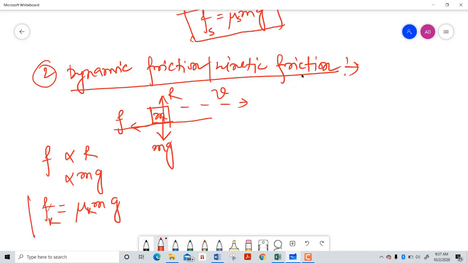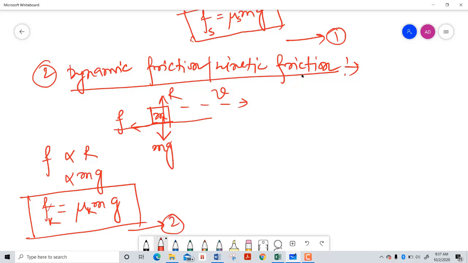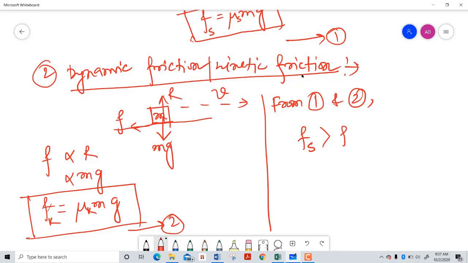Now if we compare these two equations, this is our equation number 1 and this is our equation number 2. If we compare them, then you will see that the static friction force is obviously greater than the kinetic friction force.